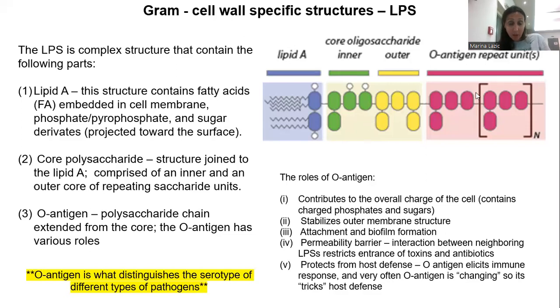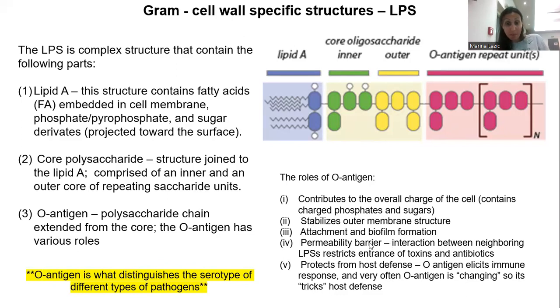And third is the O antigen. This is strictly a polysaccharide chain that extends from the core, and it has various roles. The O antigen is what actually distinguishes the serotype of different types of pathogens, so it is quite important. What are the roles of the O antigen? It participates in the charges of the cell.